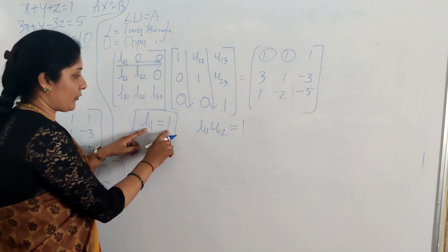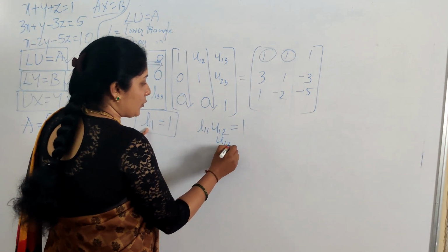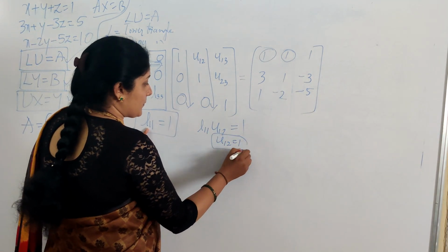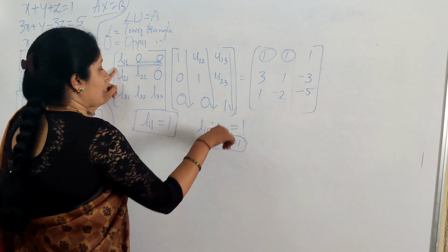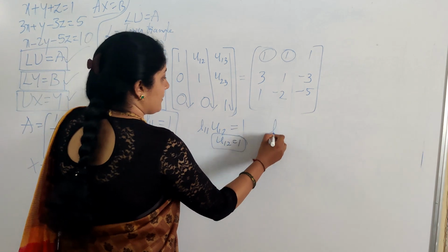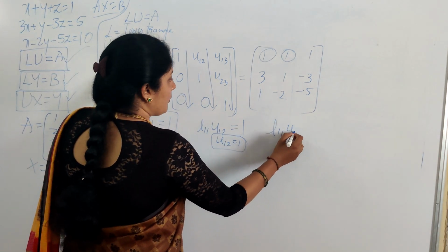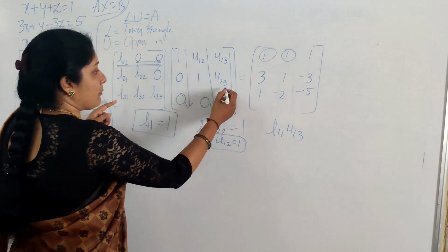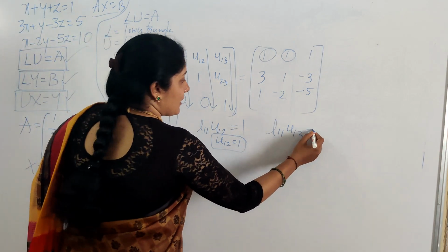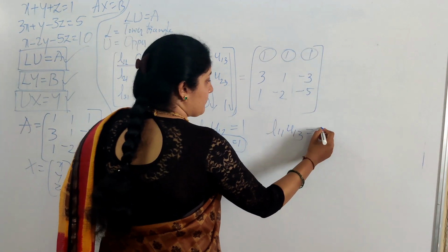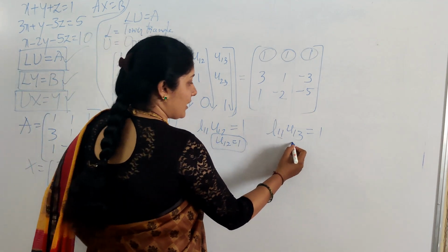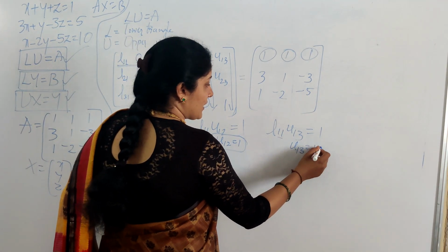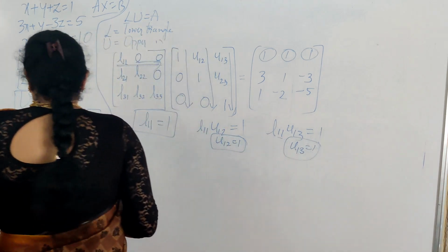So we know the value of L11, therefore U12 is equal to 1. Next, first row with third column, that is L11 into U13 and the remaining are zeros, equal to 1. So we know L11 is 1. Therefore U13 is 1.